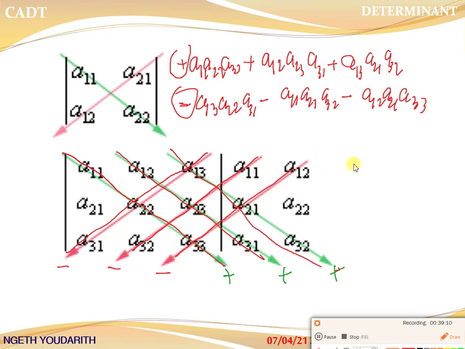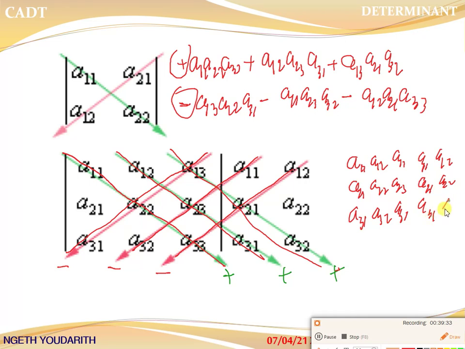Some others write A11, A12, A13, A11, A12, A21, A22, A23, A21, A22, A31, A32, A33, A31, and A32.